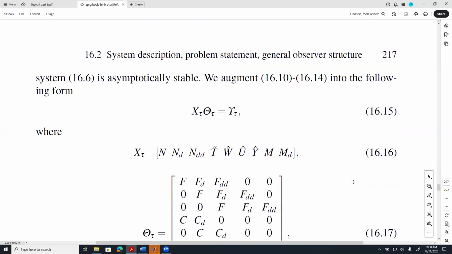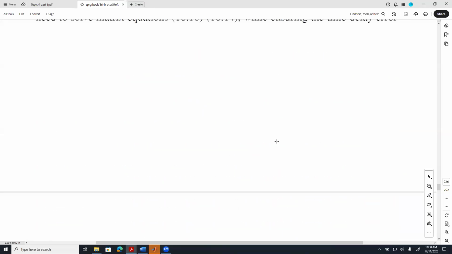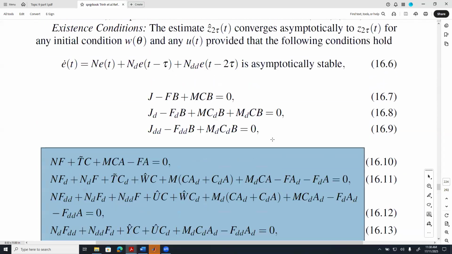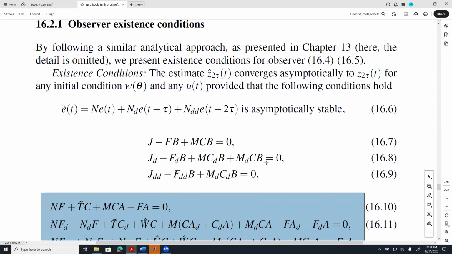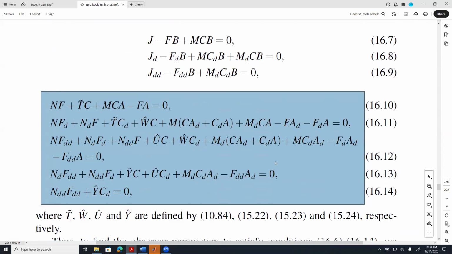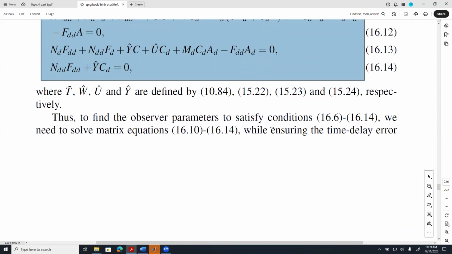And that tells us that the unified framework that we took in this book basically can work for a wide range of time delay systems. The approach is we define an error vector and we systematically take the derivative of the error vector, and then we arrive at these existence conditions.